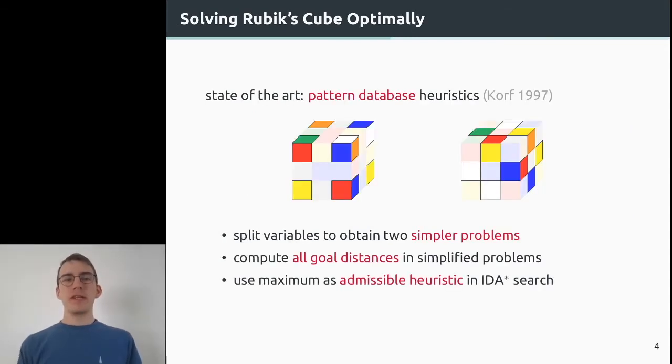The current state-of-the-art for solving Rubik's Cube optimally uses pattern database heuristics. What happens here is the variables are split in 2 groups, the corner and the edge cubies. These denote simpler problems that can be solved completely, and the goal distances for these are stored in a lookup table.